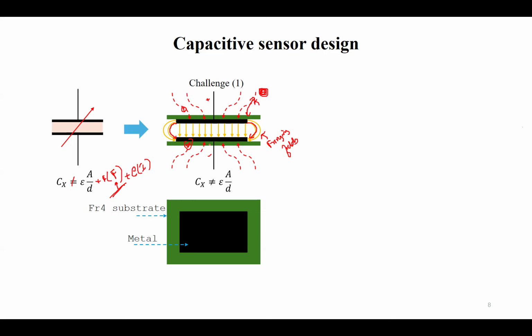So there will be a large variation compared to the capacitance value, and this variation won't be a constant. It will always be varying. So if I draw the capacitance versus time, instead of getting a straight line, it will be something like this, depending upon the interferences.